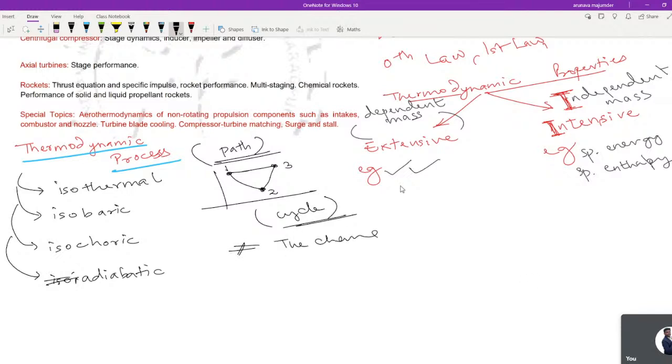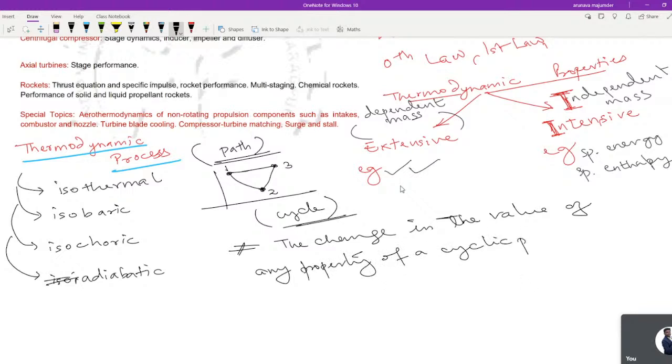The change in the value of any property of a cyclic process is obviously going to be zero.